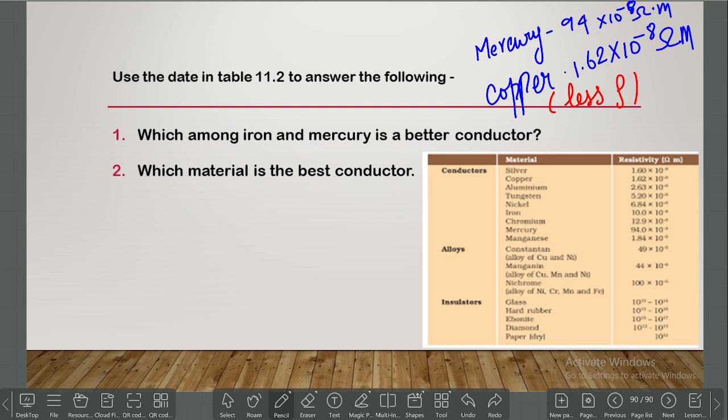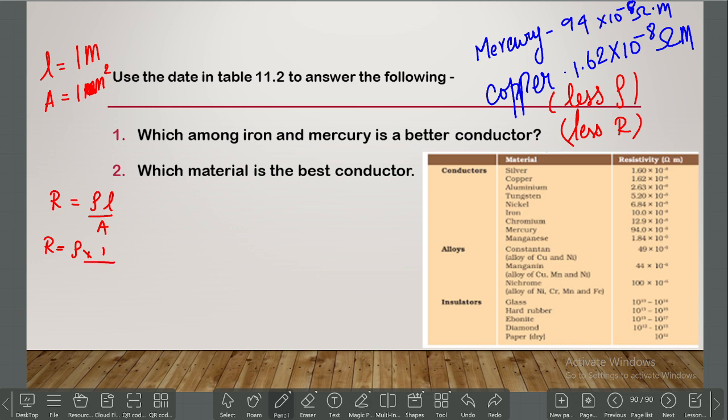If resistivity is less, resistance also is going to be less. Why is this so? Let's take the relation R is equal to rho L by A. A conducting material has a length of 1 meter and an area of cross section of, let's take, 1 square meter. Now R is equal to rho into 1 by 1, so R is equal to rho.